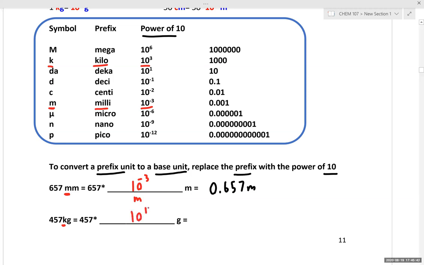Yep, exactly right. So this 10 to the +3 is replacing our kilo prefix. That in turn gives us 457, and we move our decimal point 1, 2, 3 spaces to the right, and that gives us 457,000 grams.